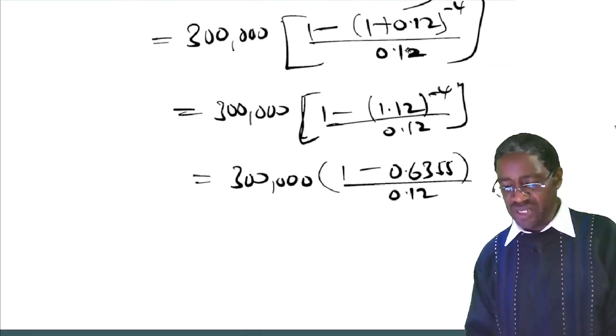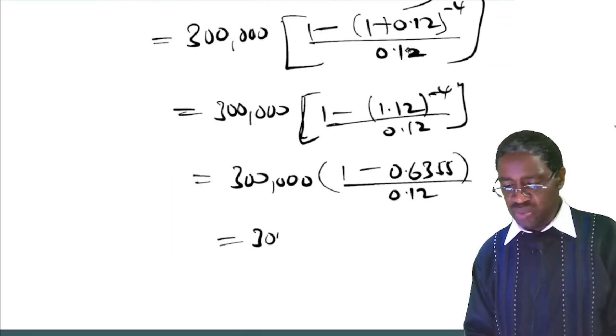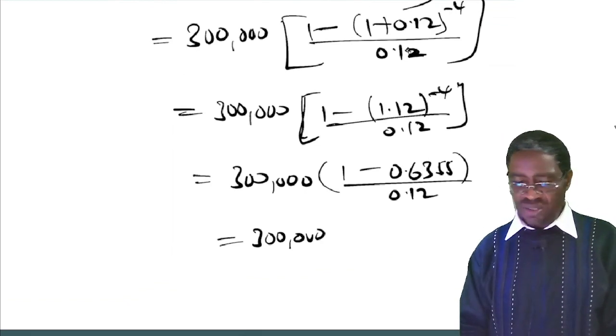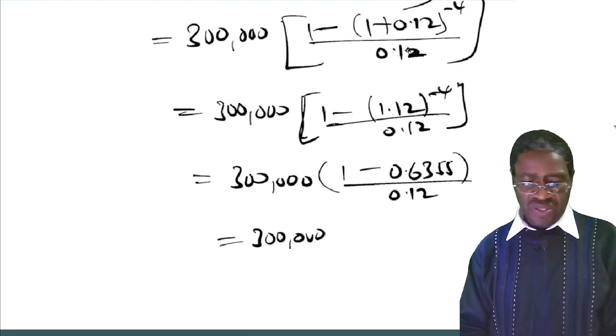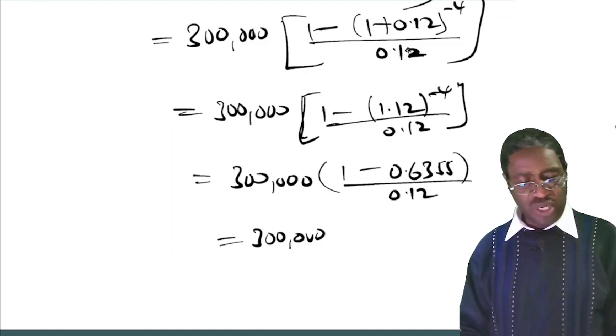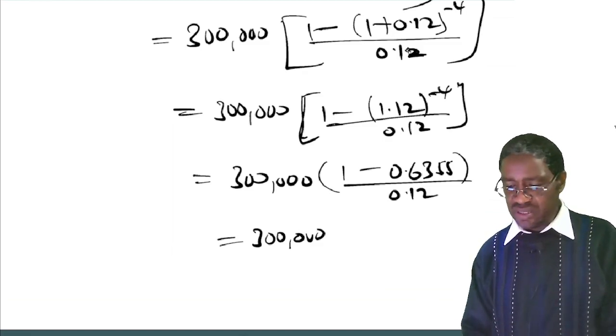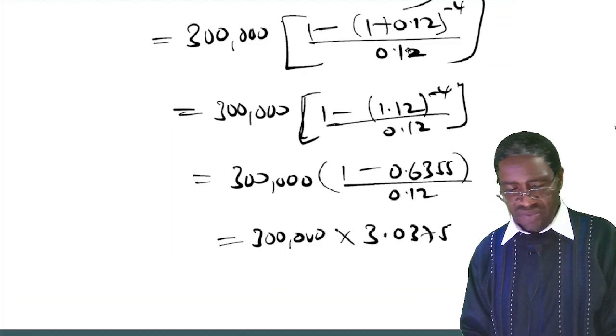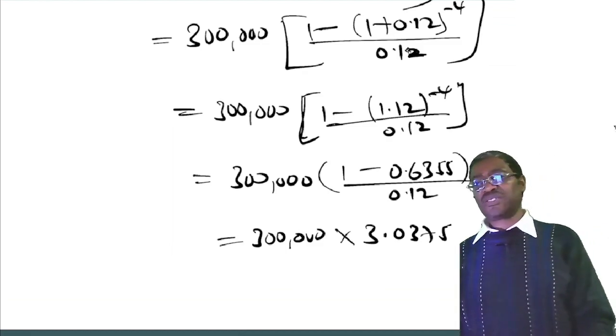Let me finalize the bracket. This will be 300,000 times 1 minus 0.6355, divided by 0.12. I am getting 3.0375.